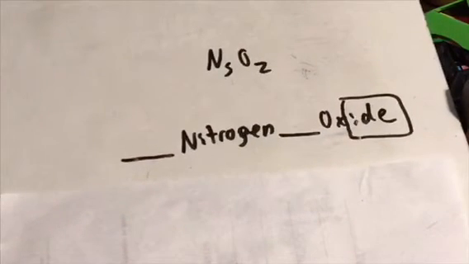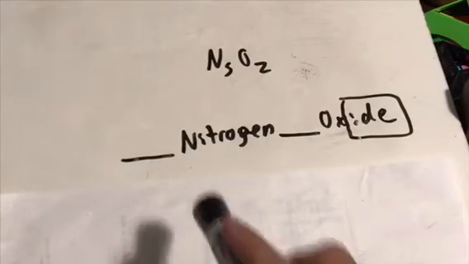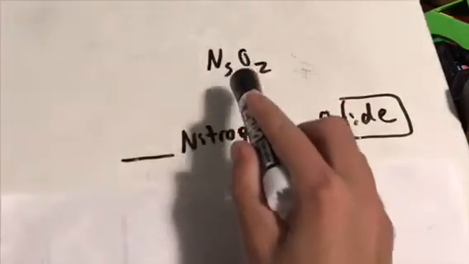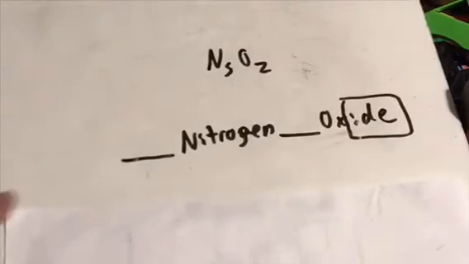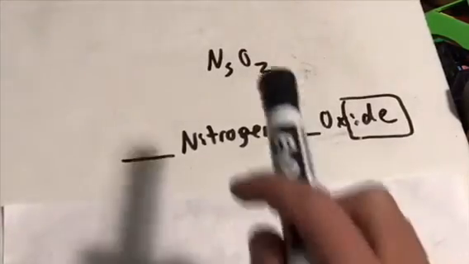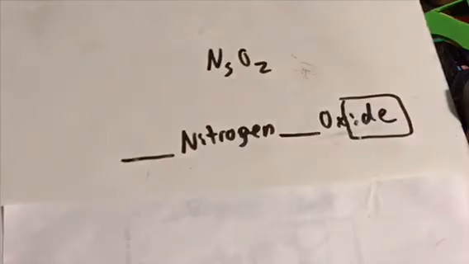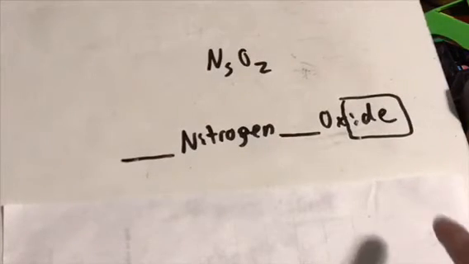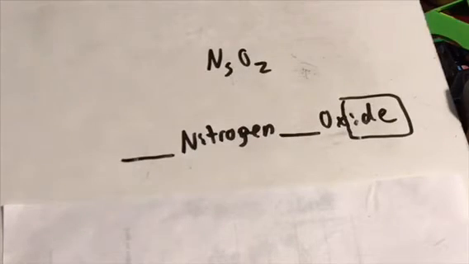What you do is you'd find the number of nitrogens in the compound, which there are 5, and then you use the prefix for 5 right there and the prefix for 2 right here. But before I go into explaining that, I am going to explain why I have a box around the "ide" right here and why that is not nitrogen oxygen. The last element in these compounds always ends in "ide." You chop off the ending and you insert "ide" on the ending.